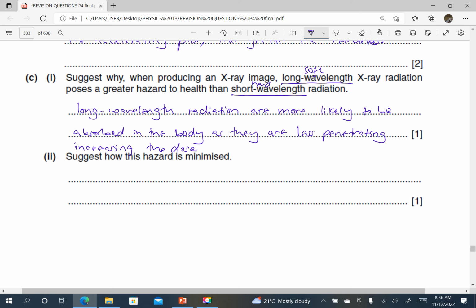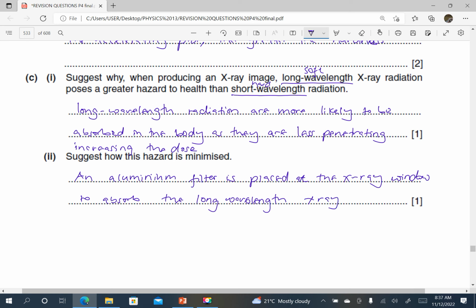So an aluminium filter is normally placed at the X-ray window to absorb the longer wavelength X-ray radiation.